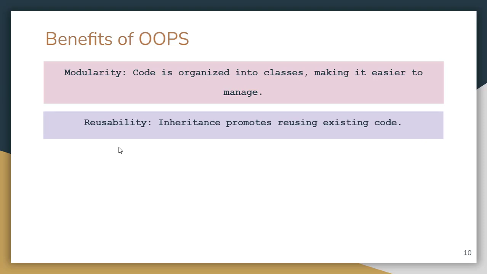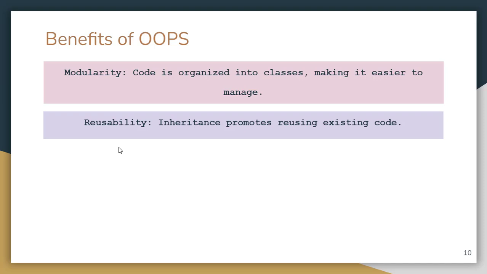Next is reusability. Using OOPS, we can use the same code more than one time if the code is already pre-defined or pre-compiled, that is, there is no error. We can reuse code using inheritance, as inheritance promotes reusing existing code.